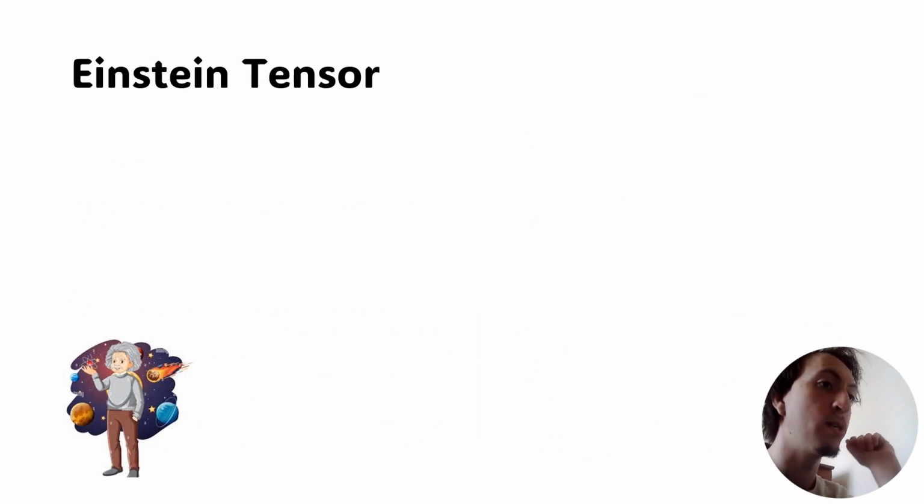So we talked about a couple of tensors so far. We talked about the Ricci tensor. We talked about the Ricci scalar, which is technically a zero-rank tensor, and now we're ready to bring them together into the Einstein tensor. And the Einstein tensor captures everything about the curvature of space-time.